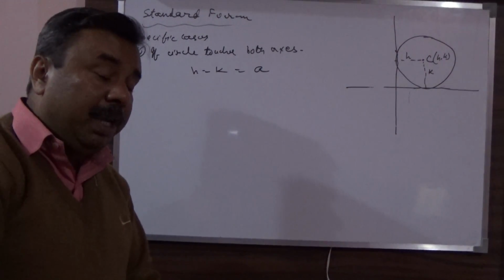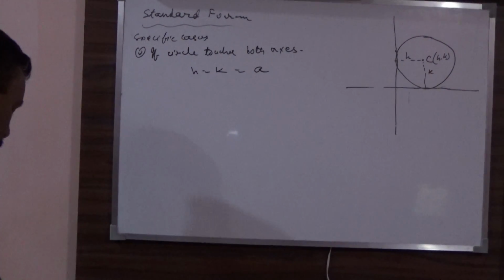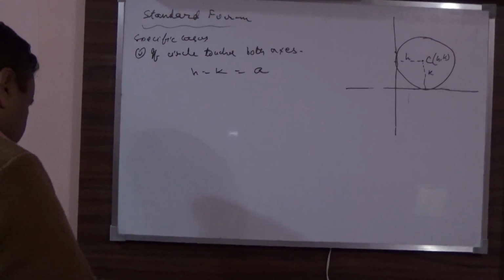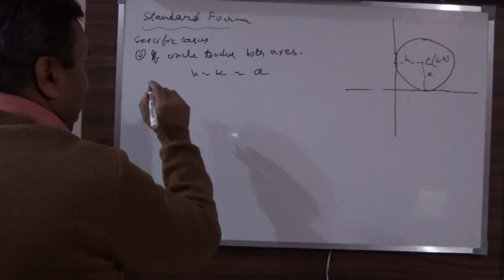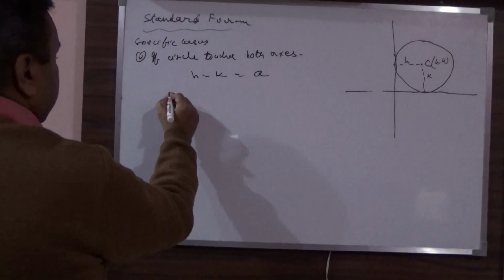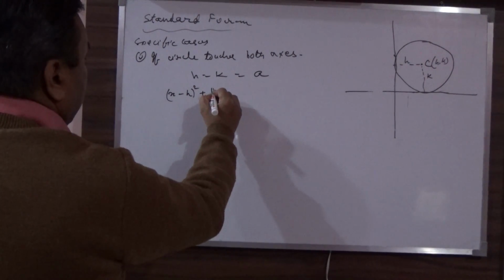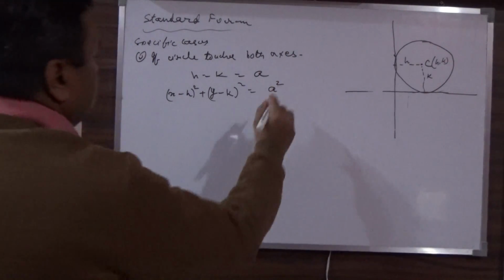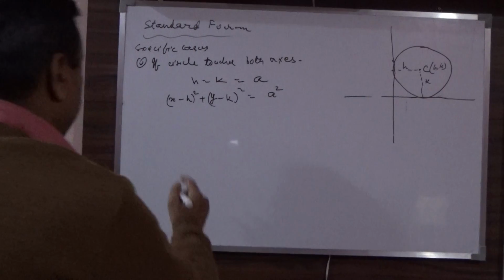Now, as per my system, it will be (x minus h) square plus (y minus k) square is equal to a square.